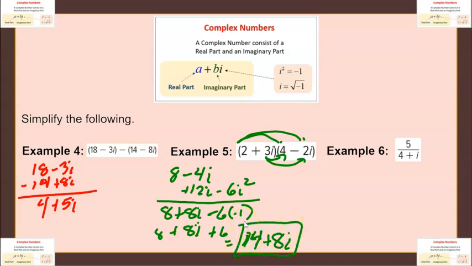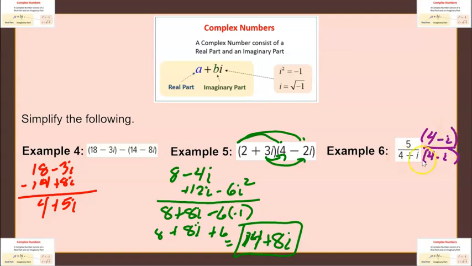In our final example, we're going to have to conjugate the denominator. That means we do not want an imaginary number in the denominator of our fraction. So the conjugate would be multiplying it by 4 minus i, because that's going to get rid of our imaginary number in the denominator. But whatever I do in the denominator, I must do in the numerator. So I've got to multiply the numerator by 4 minus i.